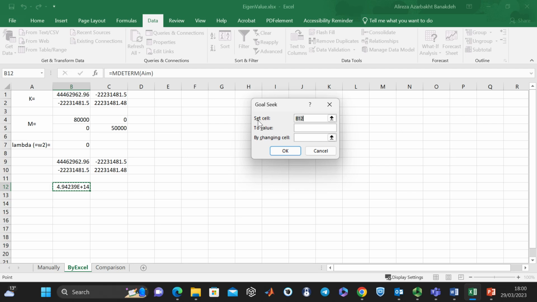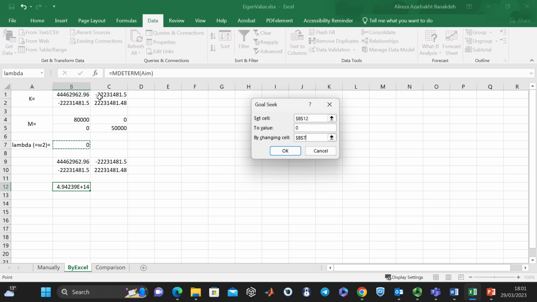See, set cell, this one, enter. To value 0, I want this cell to be 0 by changing which cell? This cell, enter. So it means please change this cell for me to come up with 0 here.